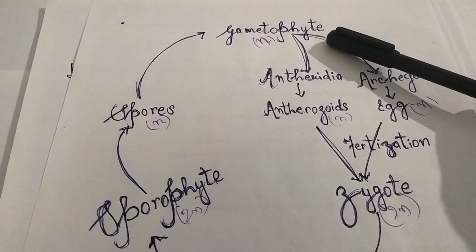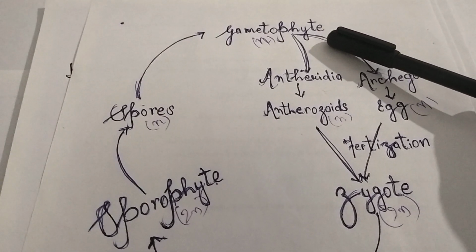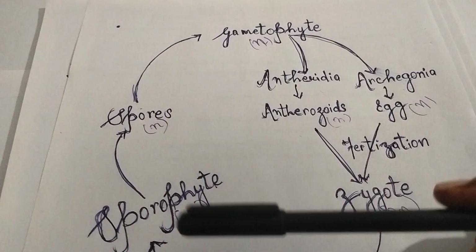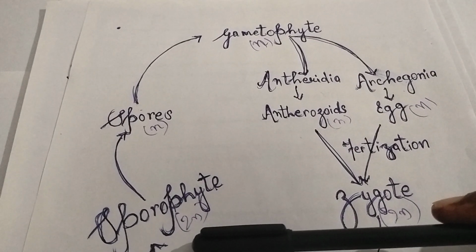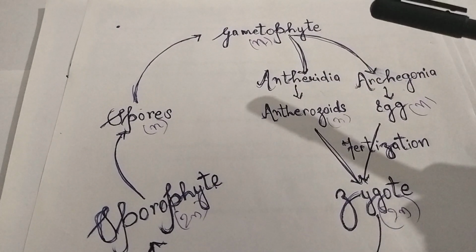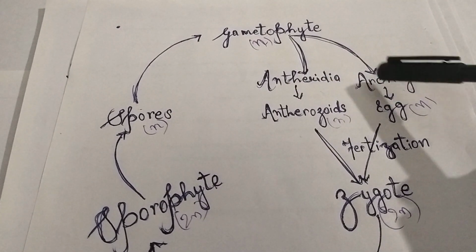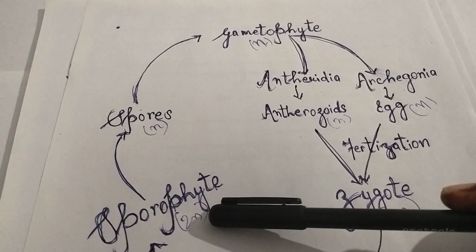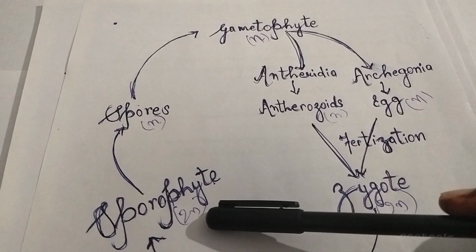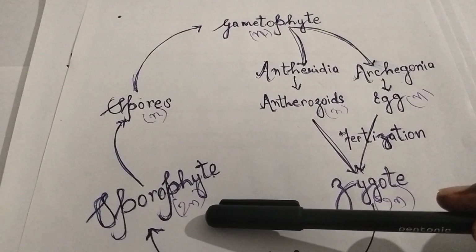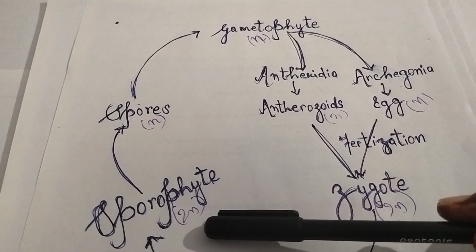We have studied that the gametophyte in pteridophytes is short, and the dominant part of the life cycle is the sporophyte. So the female gametophyte in heterosporous plants is retained on the parent sporophyte for variable periods, meaning different plants have different periods of retainment of their gametophytes.